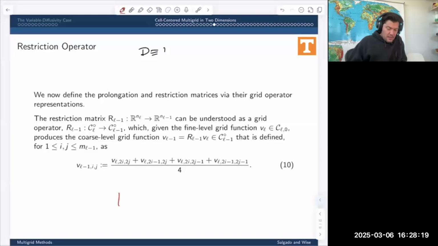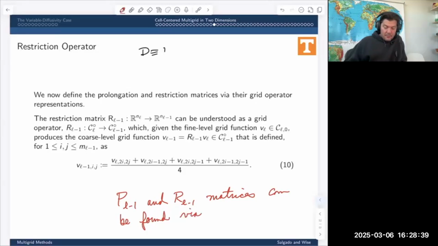So the P matrix and R can be found via the lexicographic ordering of the points.